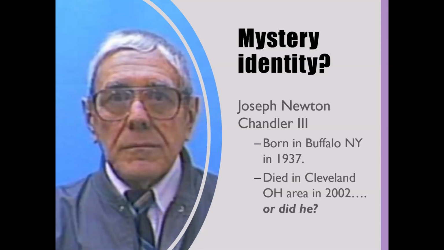He'd been born in Buffalo, died in Cleveland, and left $70-some thousand in a bank account. So there was a reason to find out who he was, because somebody was going to inherit $70-some thousand. Make sense?